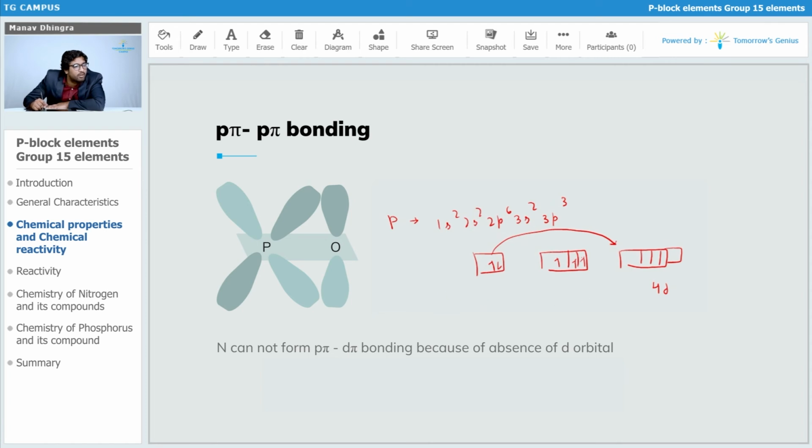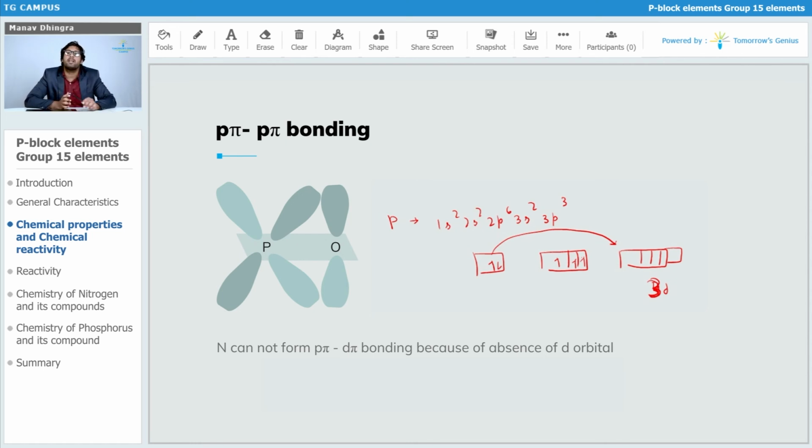It is promoted to the 3d orbital, and when it happens, you have 5 unpaired electrons which can make 5 bonds. So phosphorus tends to form a pi bond using the p-pi d-pi overlap, between the p orbitals of oxygen and the d orbitals of phosphorus, and that is why it can form a multiple bond.